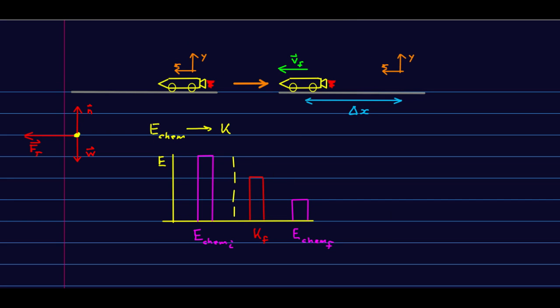We're starting with some large amount of chemical energy, and we're ending up with less chemical energy and a bunch of kinetic energy. However, what we do know is that the work done by a force that's connected with this change in chemical energy, so this will be the work done by the thrust, because that is the force connected with this chemical energy being transformed into kinetic energy, should equal the change in the chemical energy.